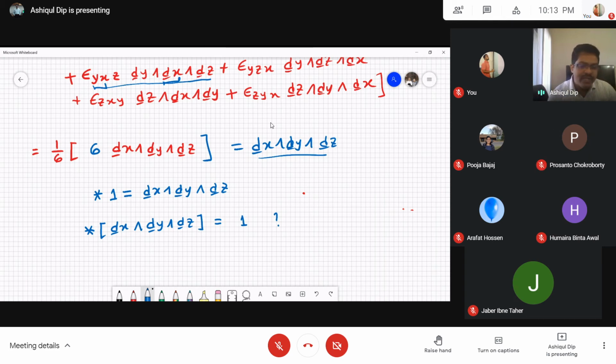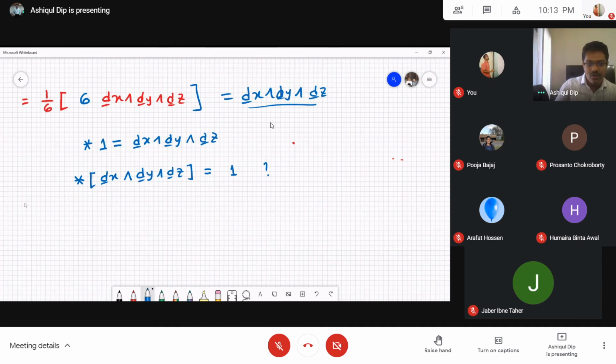Actually, for 3 dimensions in Cartesian coordinates, you'll get 1. That's true. But we'll have a relation like double star. What happens if we do this on anything? Is it generally 1? The answer is no. It depends on the metric tensor itself. We'll derive this result as well. There should be some factor, plus or minus.